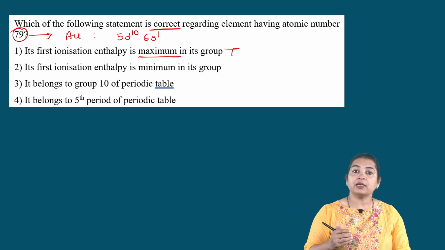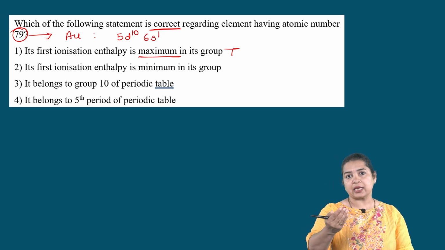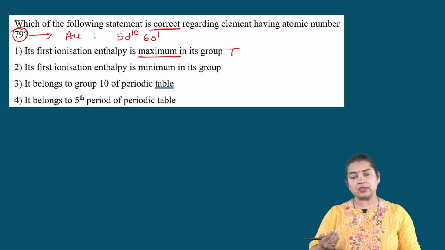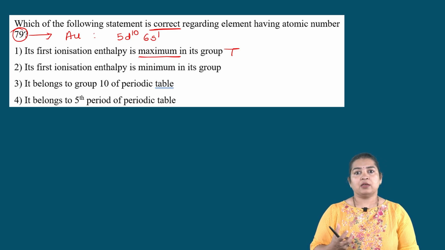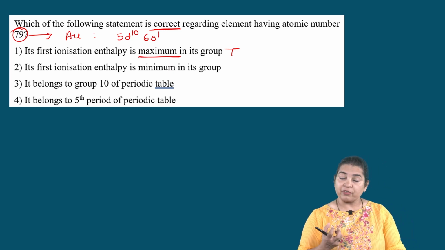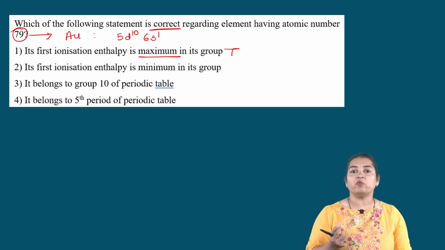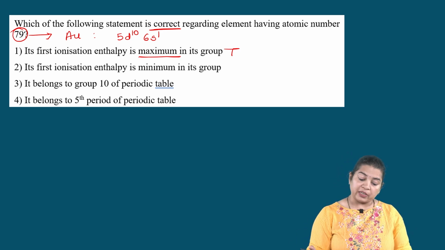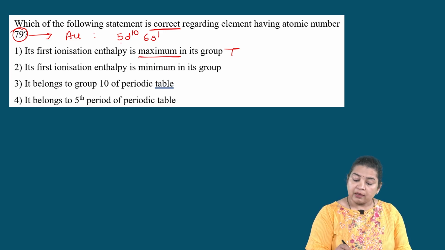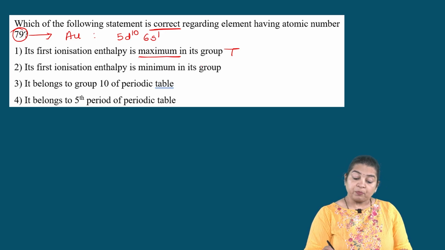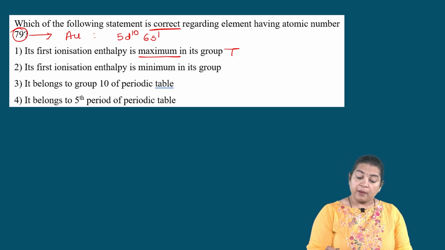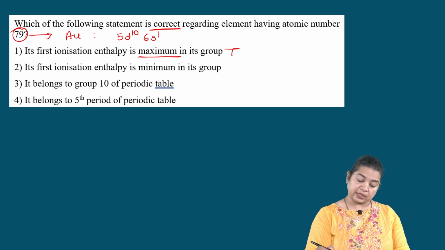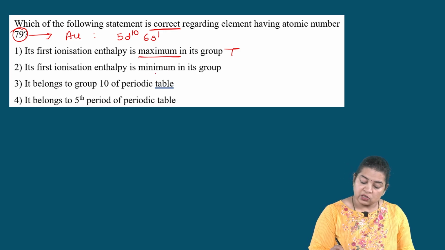So due to lanthanide contraction, you are aware that the 2nd transition series element and 3rd transition series element of this particular group will have similar size, but definitely effective nuclear force is very high due to increased number of electrons. As a result, 5d10 6s1 was expected to be having lower ionization energy, but due to lanthanide contraction, it has the maximum in its group. Correct statement.